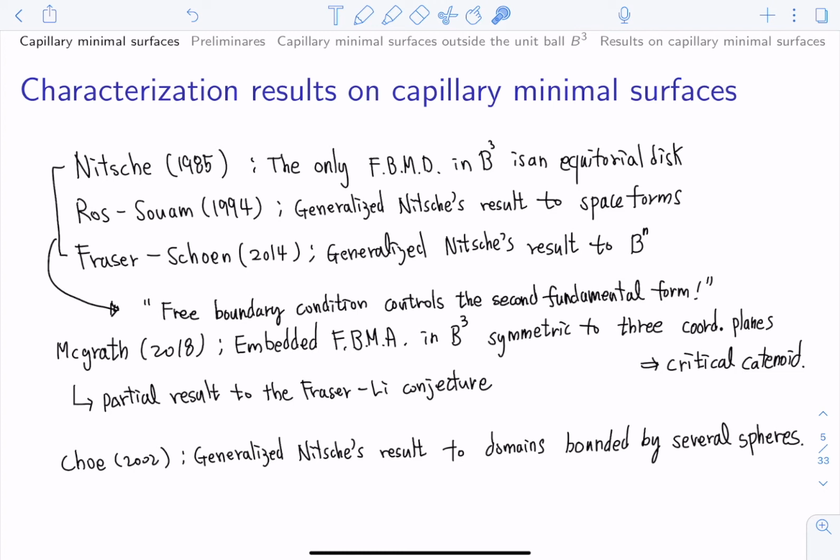Another result by McGrath in 2018: he proved that an embedded free boundary minimal annulus in B^3 symmetric to the three coordinate planes must be the critical catenoid. And this is a partial result toward the Fraser-Li conjecture. The Fraser-Li conjecture asks whether the only embedded free boundary minimal annulus in B^3 is the critical catenoid, and it remains unsolved for now.